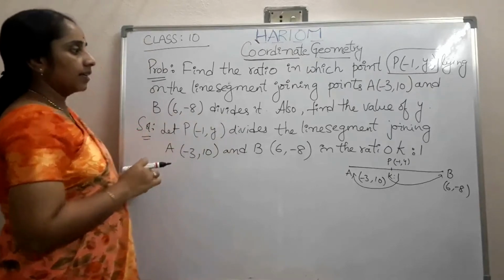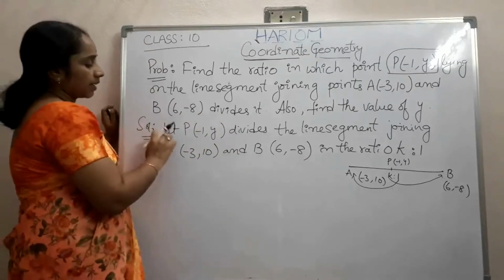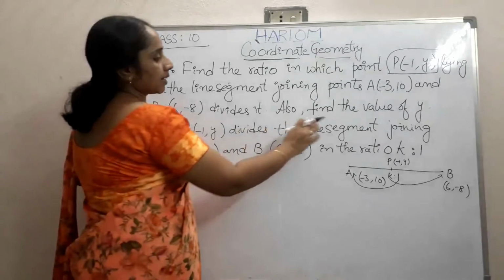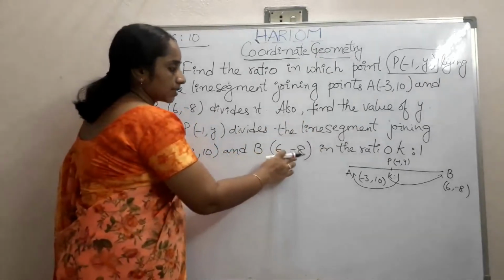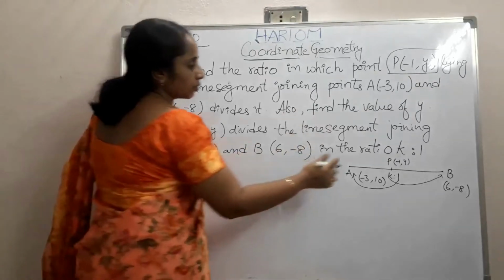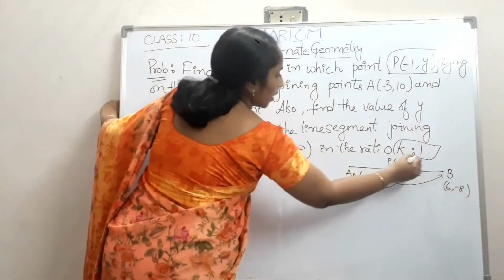So write: let P of minus 1 comma y divide the line segment joining A minus 3 comma 10 and B 6 comma minus 8 in the ratio k is to 1.